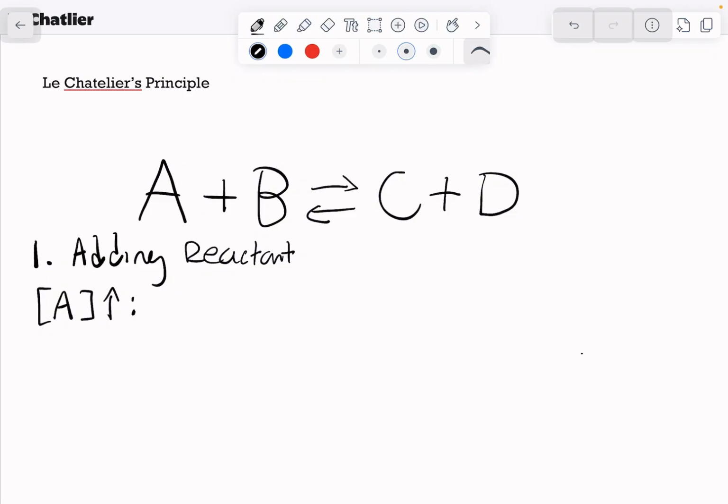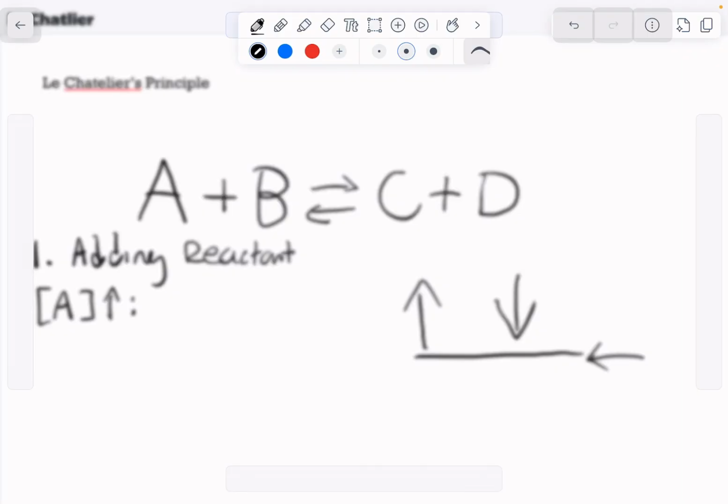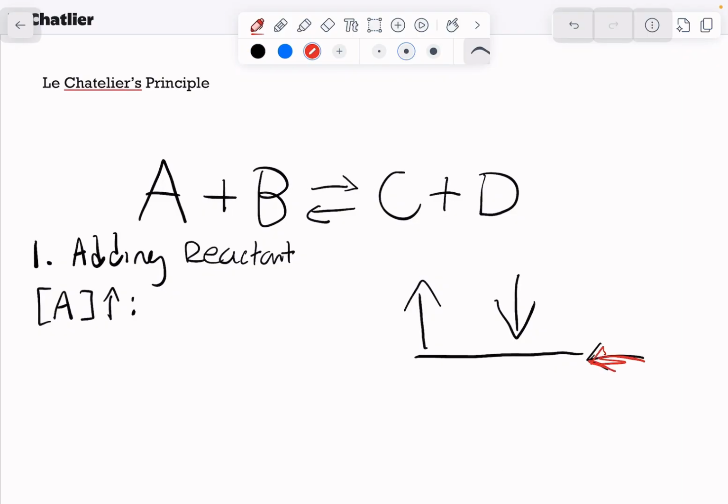So we can envision it like this. Say we have a bar, right? If we increase the bar, Le Chatelier's principle wants to decrease the bar just to get it back to this perfect little equilibrium state, you know?